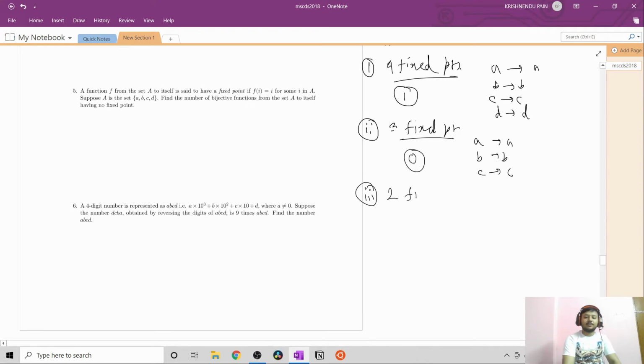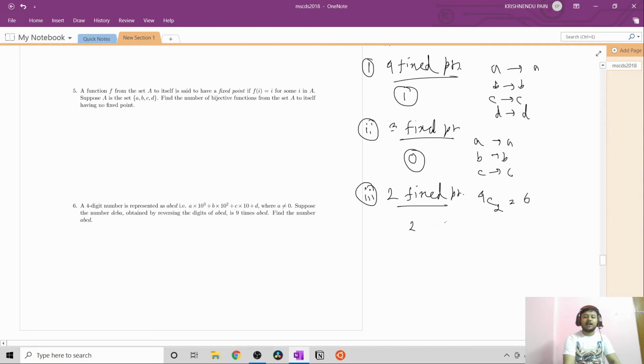When there are 2 fixed points, how many ways can this be possible? Choose any 2 points from these 4. How many ways can you choose? 4C2. Right. So there are 2 remaining points. If these 2 points don't want to be fixed points, then one point will be mapped to the other one.